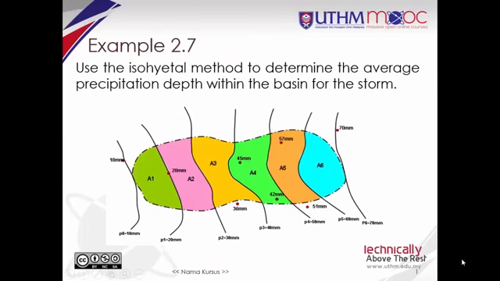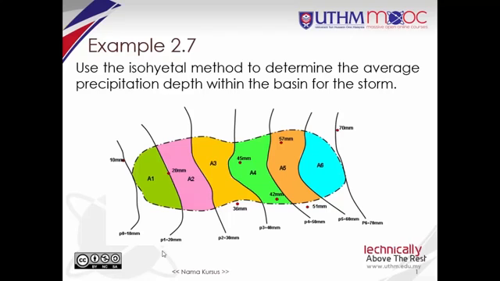Example 2.7. Use the isohyetal method to determine the average precipitation depth within the basin for the storm. So first determine what contours of equal precipitation, or isohyets, you will use. This varies from situation to situation, but you want to have as many contours as necessary to get an accurate model, but not so many that your construction becomes cluttered.